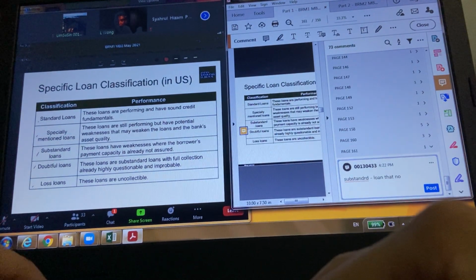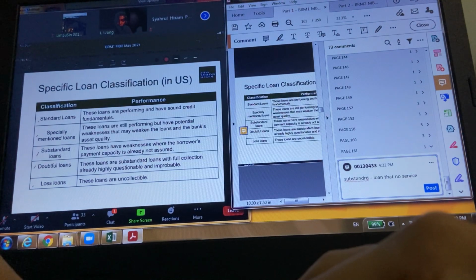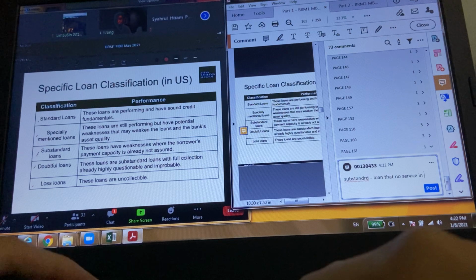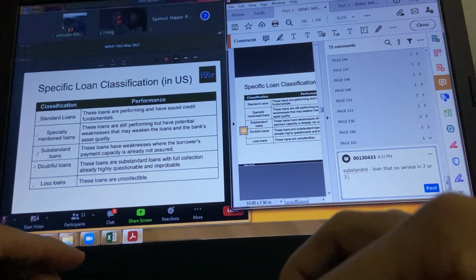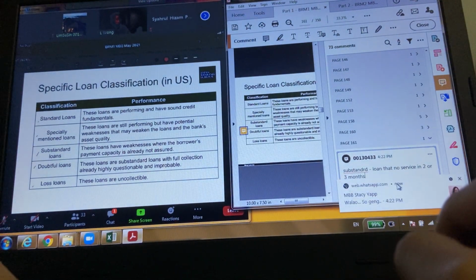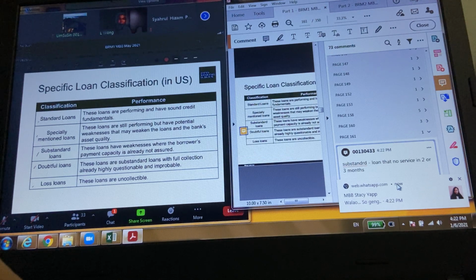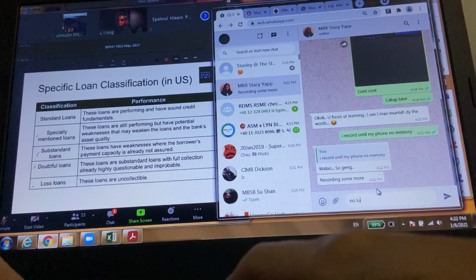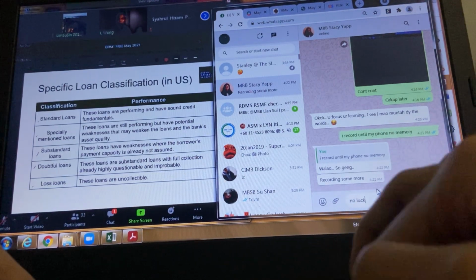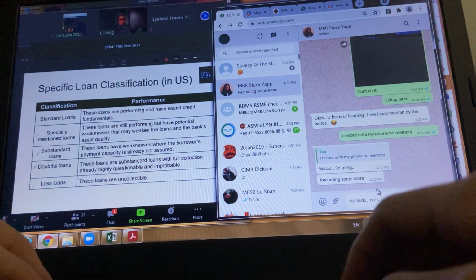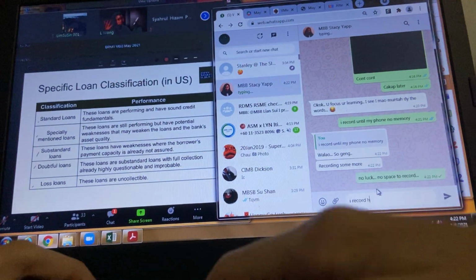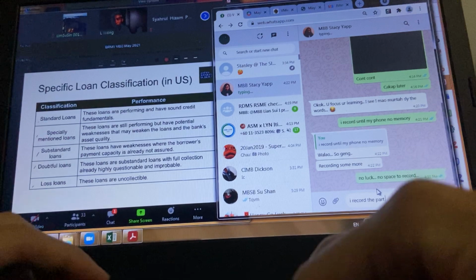Then doubtful loans can be something like more than 3 months of non-payment, no action taken, nothing happens. More than 3 months, they become doubtful already. Doubtful means the chance of default is getting higher and higher. Then loan loss could be after 6 months or 1 year, no activity, done. Then the whole loan is considered gone.